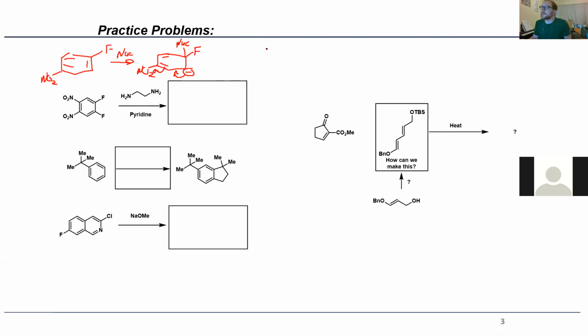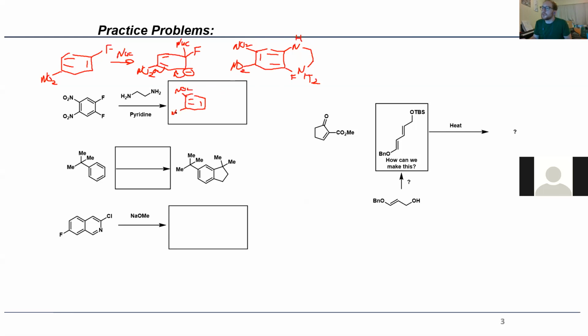And so in this case, the first thing that's going to happen is substitution of one of the fluorides, and then we get to an intermediate that would look like this after the substitution reaction, and then the other fluoride would be substituted, and so that will give us a product that looks like this.